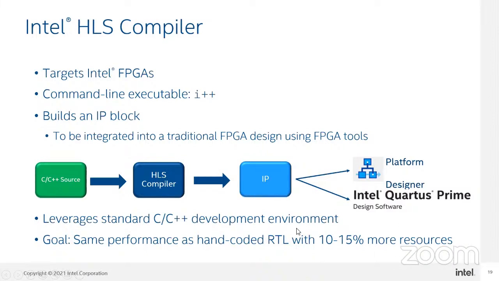That means we are going to use more resources, but what is very much required is that we get the same performance. That's what we wanted to check. So the goal is to get the same performance as hand-coded RTL, though it can take more area, meaning 10 to 15% more resources.